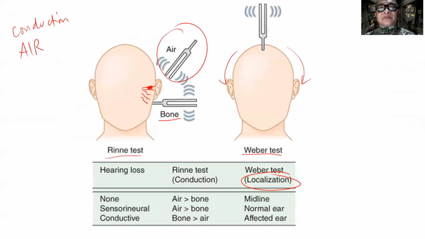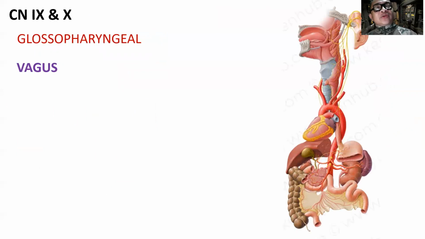Okay, so now let's go to your cranial nerves 9 and 10, lumping them together because you basically test them together. Number 9 is your glossopharyngeal, number 10 is your vagus. Now your glossopharyngeal, from the name itself, glosso, tongue. Remember your facial nerve innervates the anterior two-thirds.